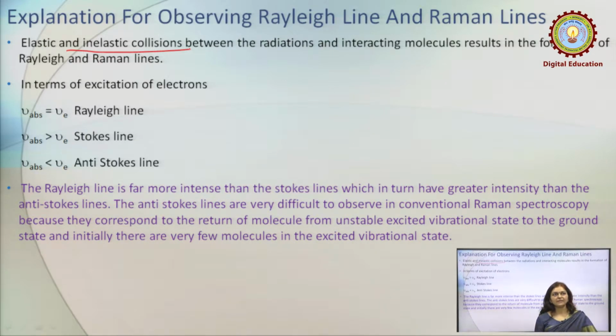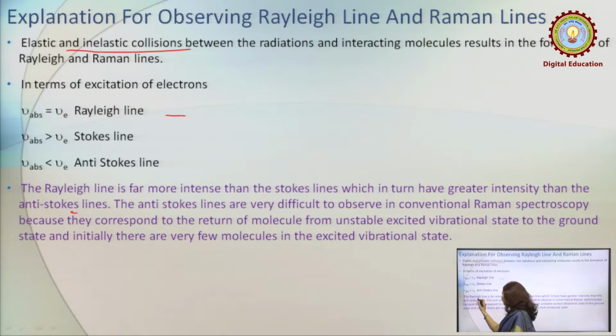In terms of excitation of electrons, we can easily explain it simply: if the absorbing frequency is equal to the exciting or scattered frequency, it is called the Rayleigh line, while if the absorbing frequency is greater than the exciting frequency, it is called the Stokes line, while if the absorbing frequency is less than the exciting or scattered frequency, it is called the anti-Stokes line.